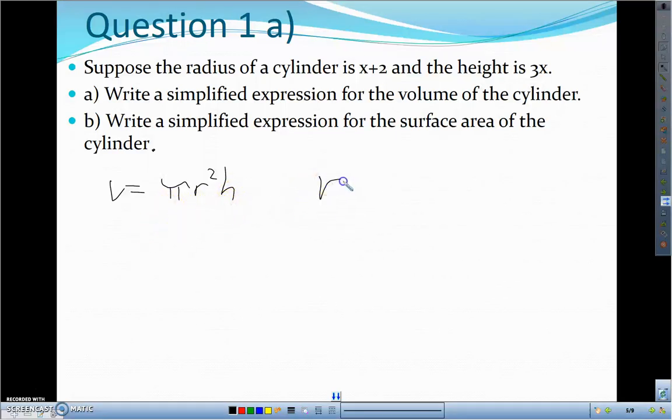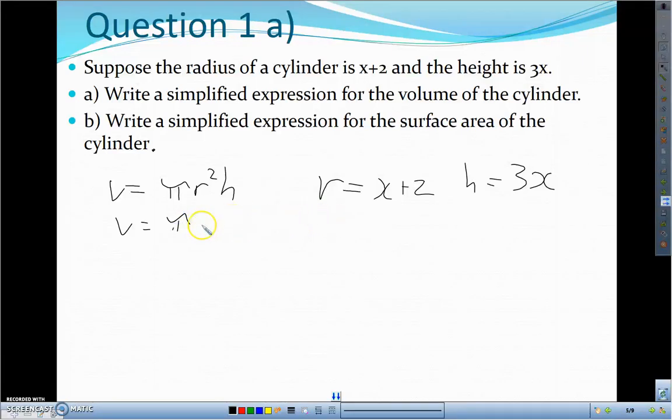In this case, r is equal to x plus 2, and h is equal to 3x. What we're going to do is substitute x plus 2 and 3x into this equation and expand and simplify. Volume is equal to pi.